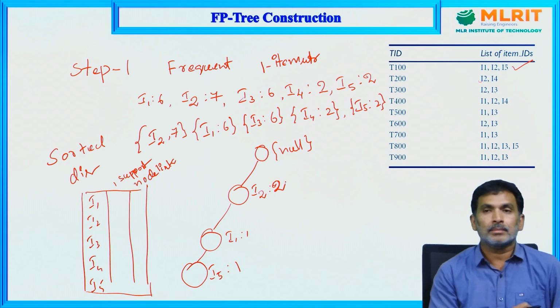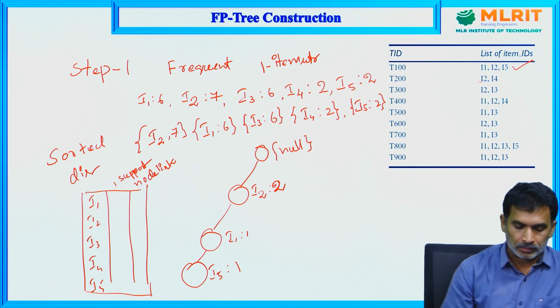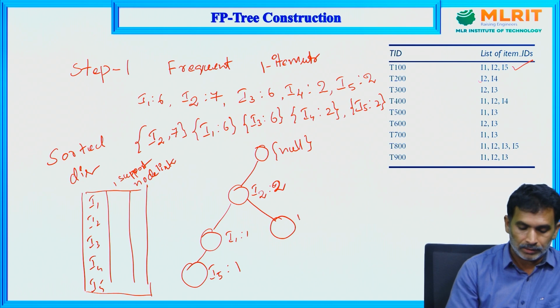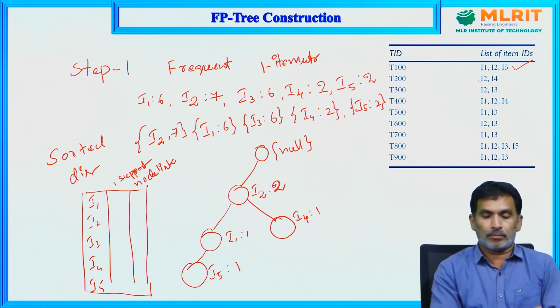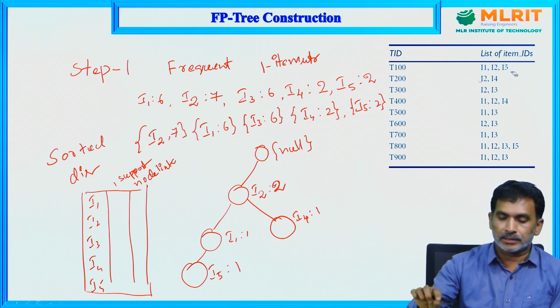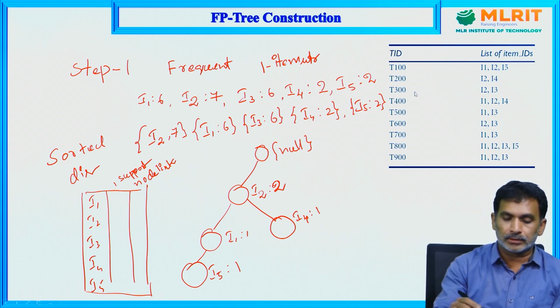Next I4. There is no I4 along this path, so we need to create a separate node with the item I4, and its frequency is only 1. Okay. Now the second transaction is also processed.